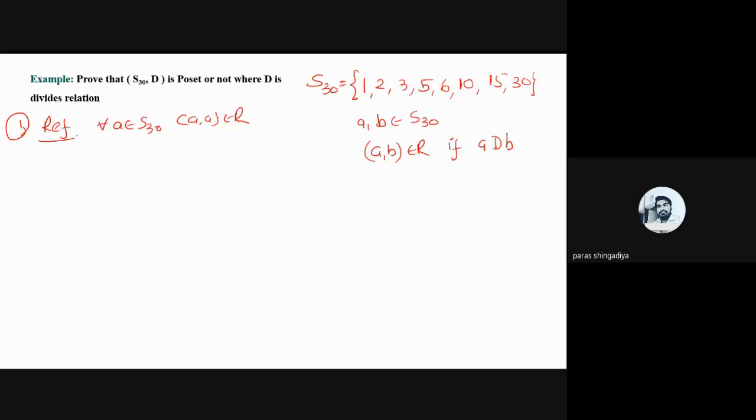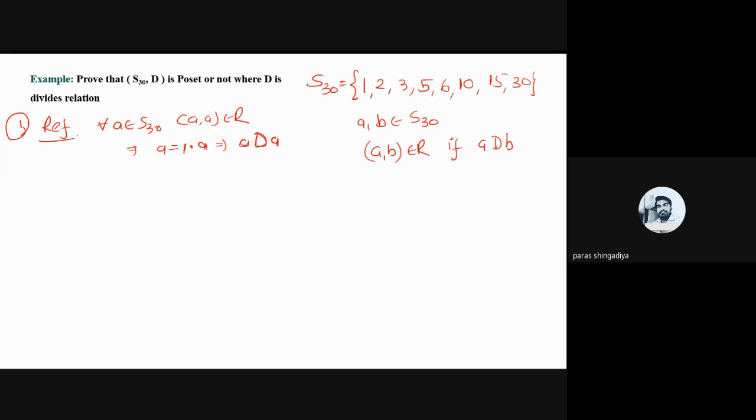Okay, A comma A belongs to R or not. So A comma A belongs to R means we can easily write that if we apply the formula y is equal to mx form, then we can easily consider A is equal to A raised to 1, means 1 into A. Okay, and therefore we can say that A divides A.